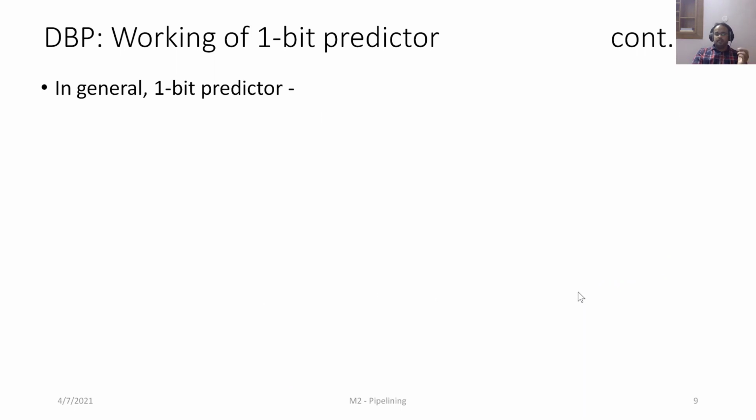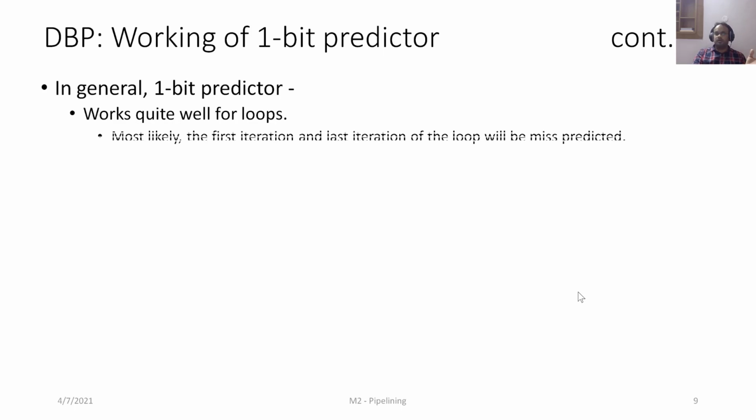So in general, the 1-bit branch predictor will work quite well for loops, because the very first time we are executing that branch, that's when we are going to make a note that it is taken. From the second time till the nth time, we are going to predict that it will be taken.